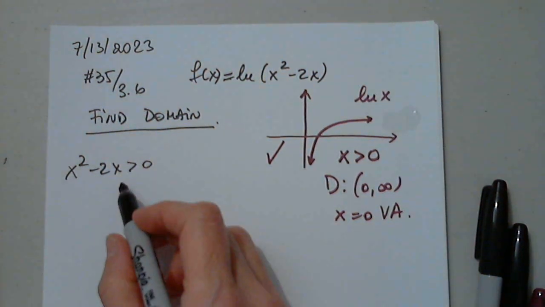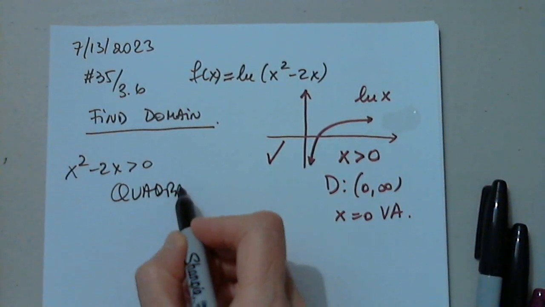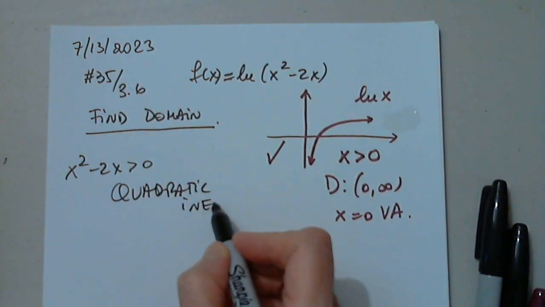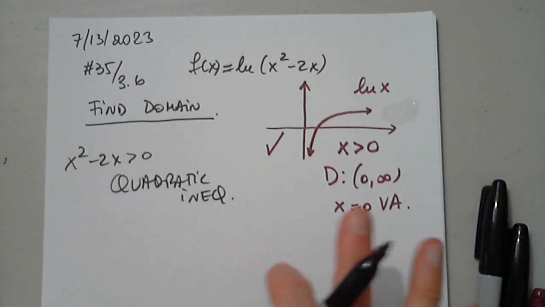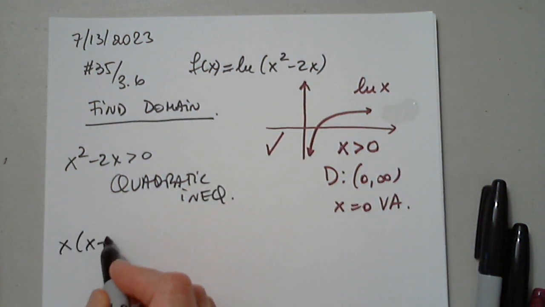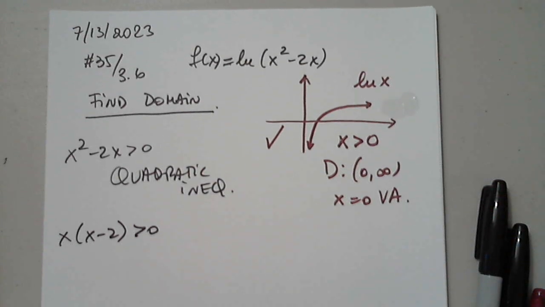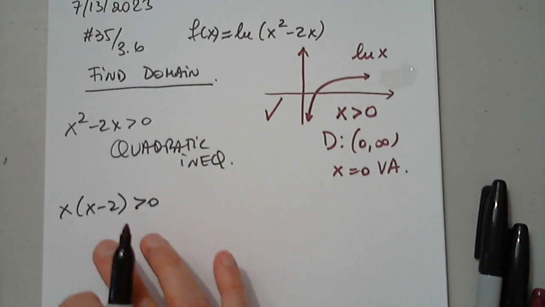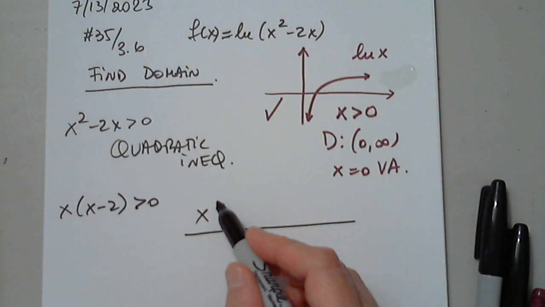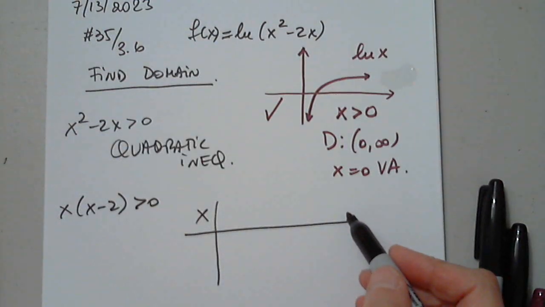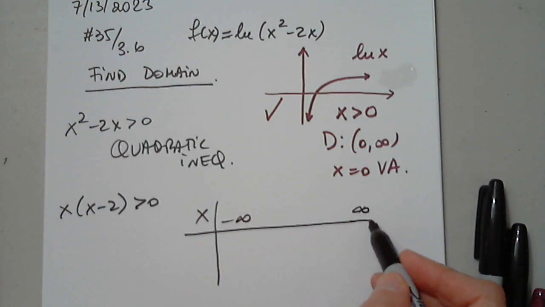This is a quadratic inequality. So do not move this term to the other side and take square roots, no, we have to factor. And one way of solving such an inequality is: x is the variable in the problem, which can be anything.